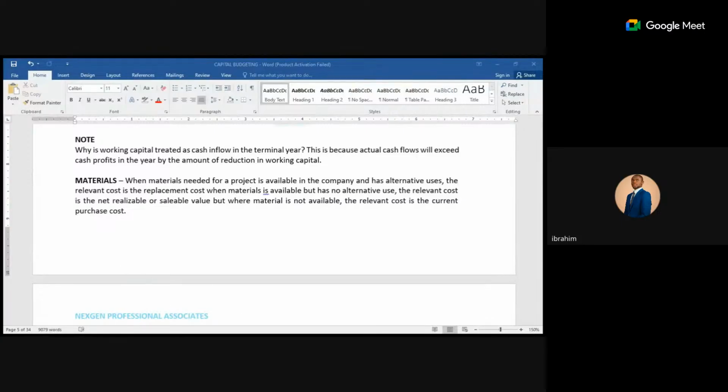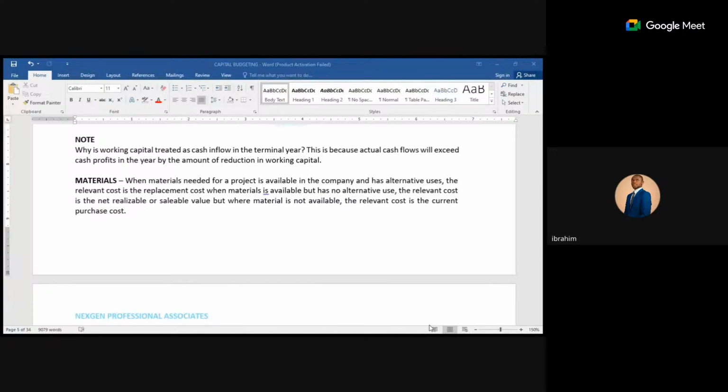Material. When material needed for a project is available in the company. Class, please, let's pay attention to this part, please. When material needed for a project is available in the company and has alternative uses, the relevant cost is the replacement cost, right?